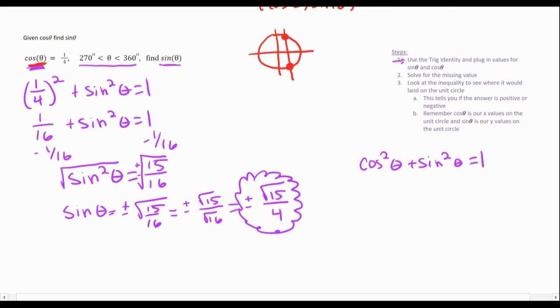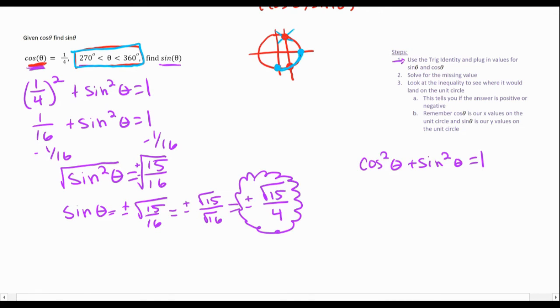To figure out which one it is, that's what I'm given this information here for, because it tells me that theta is between 270 degrees and 360 degrees, meaning it lands somewhere in between here.